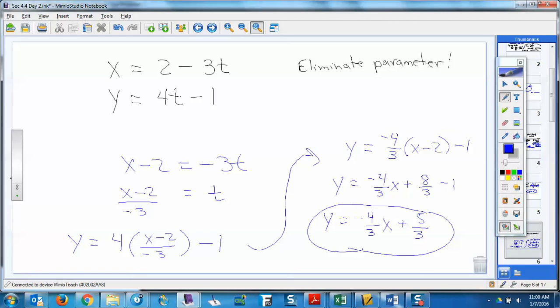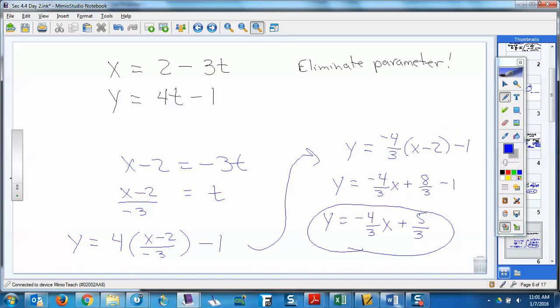And we got something here for me. y equals what? 4 times (x minus 2 divided by 3) to the negative 3, minus 1. Okay? Anybody agree with that? I mean, should we simplify it?